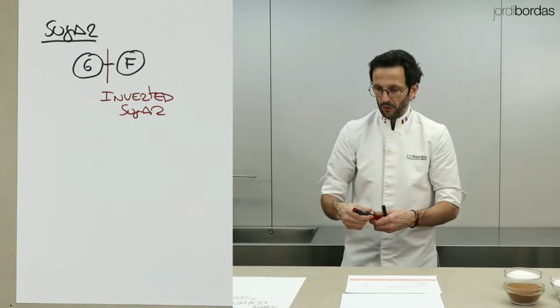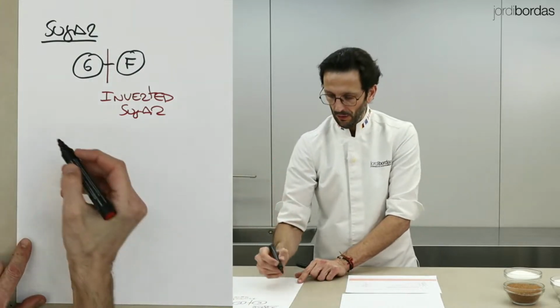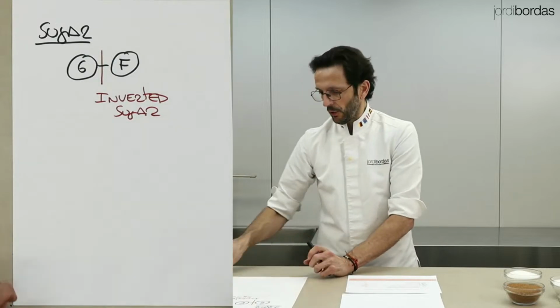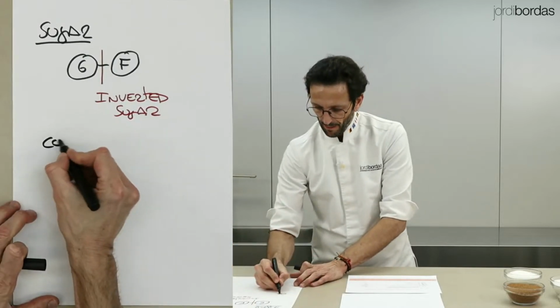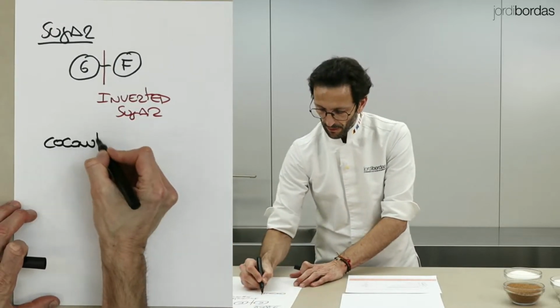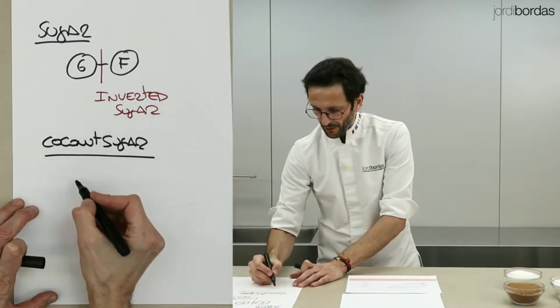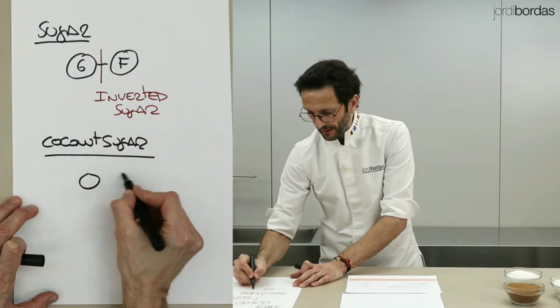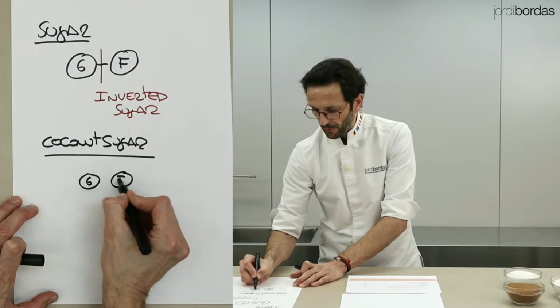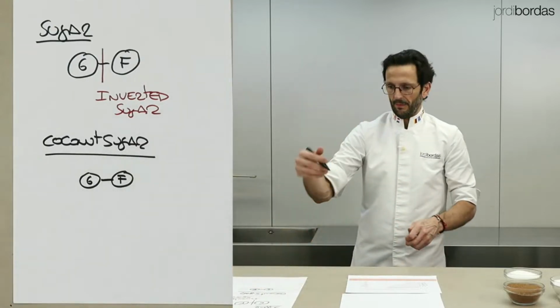What happens with coconut sugar or whole cane sugar? If we go to the coconut sugar, we have some molecules that are glucose and fructose that are together, okay?